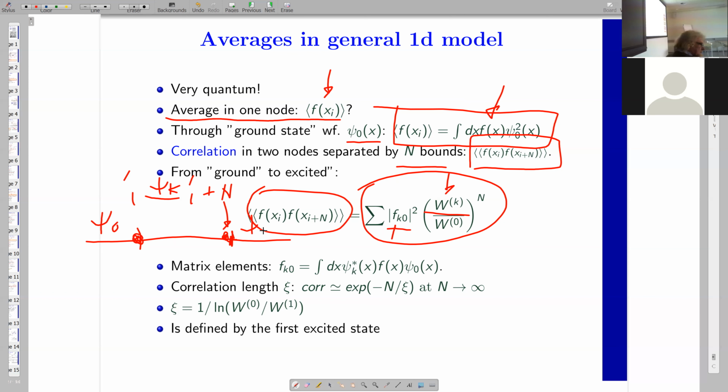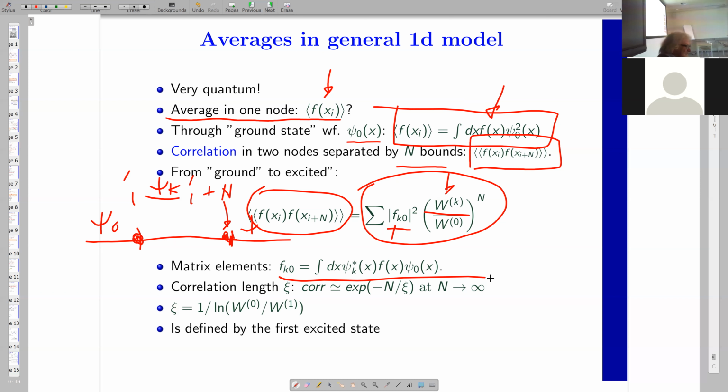Right, I made matrix elements explicit. What I would probably need is a correlation length. The correlations persist only at the nodes which are close to each other. If you make the distance between nodes bigger and bigger, the correlations will become smaller and smaller.